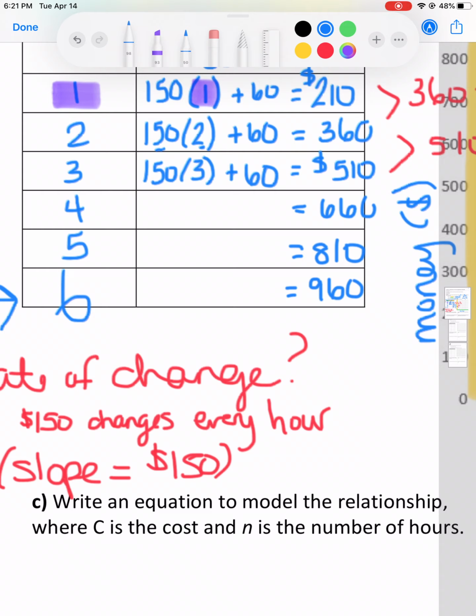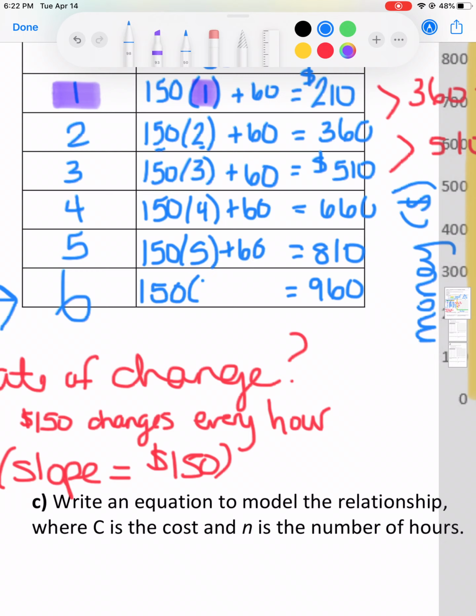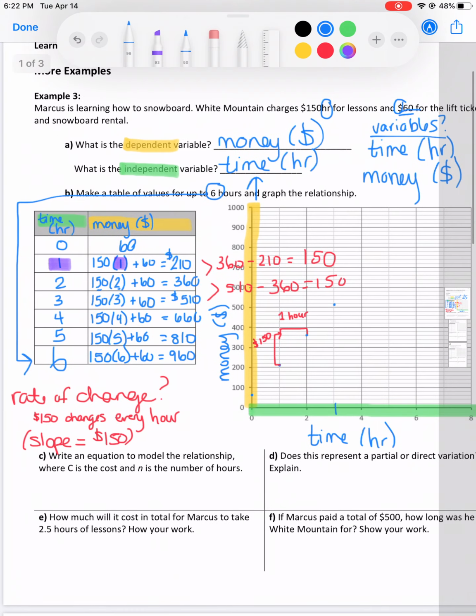Don't believe me? Do the math. 150 times 4 is 600 plus 60, 660. Okay? I'm really, really hoping that makes sense.